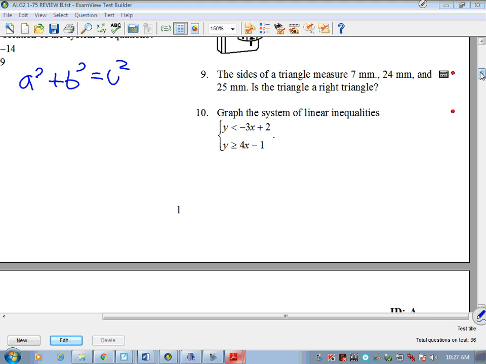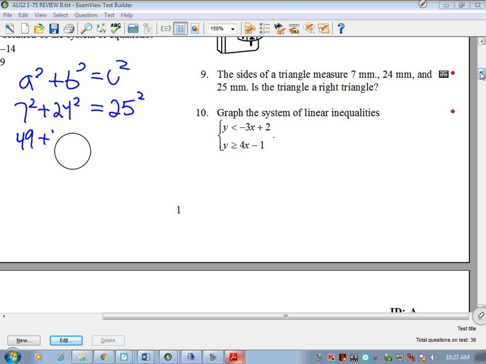All right. What number has to be C squared in that list? The biggest number, 25 squared. If this is a right triangle, right? If. Okay? Now, it doesn't matter which one the other one's going to, so I'd have 7 squared plus 24 squared. What's 7 squared? 49. And what's 24 squared? 576.